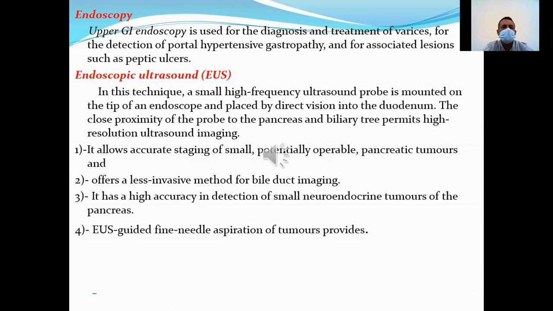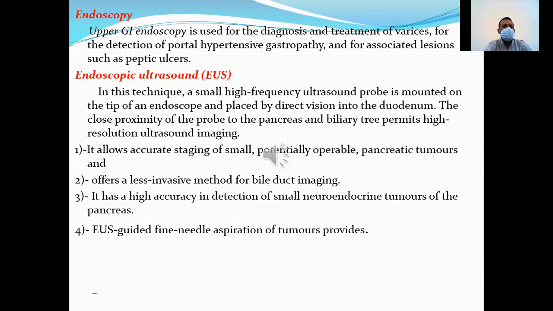This close proximity of the probe to the pancreas and biliary tree provides high-resolution ultrasound images. With this endoscope, at the end of the scope there is a camera and an ultrasound, so lesions nearby the stomach, for example in the pancreas, and the nearby biliary system can be detected.